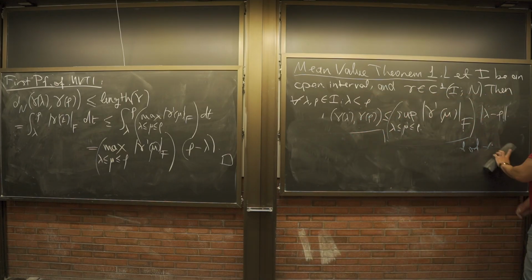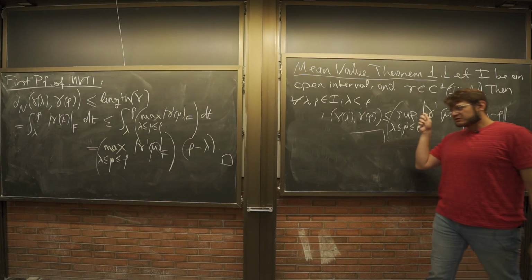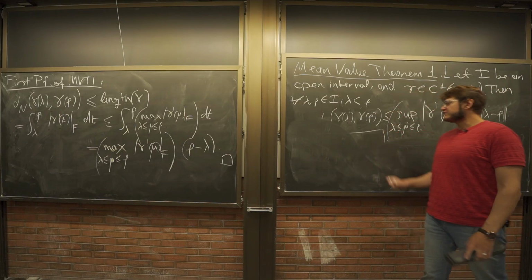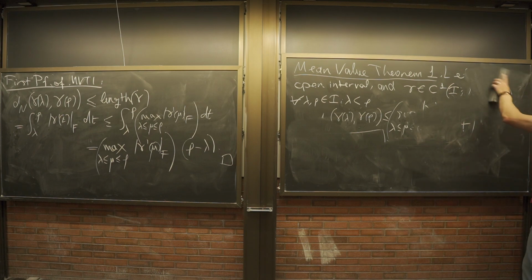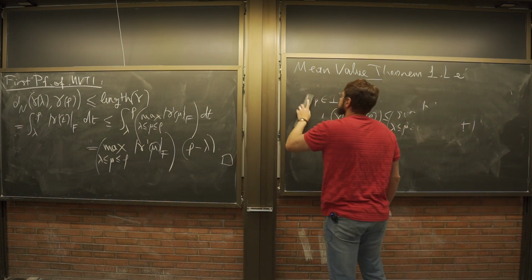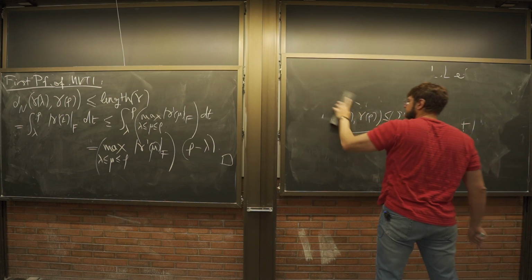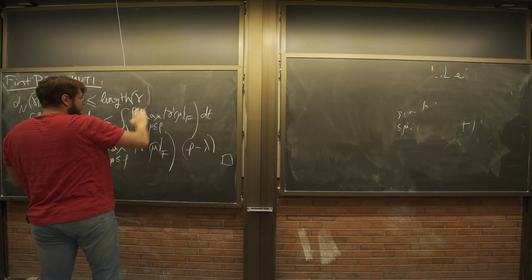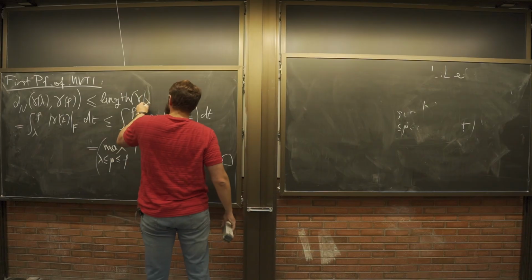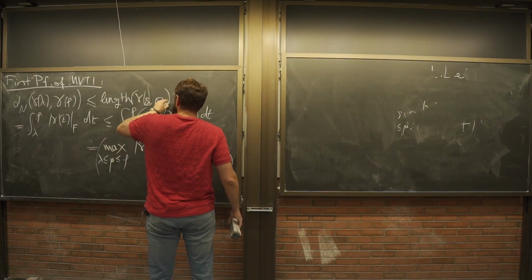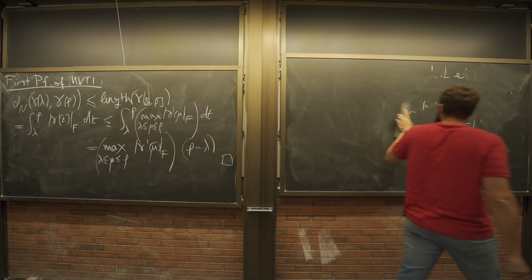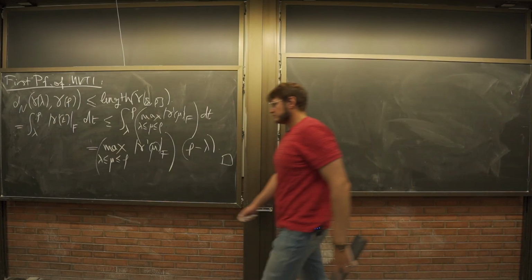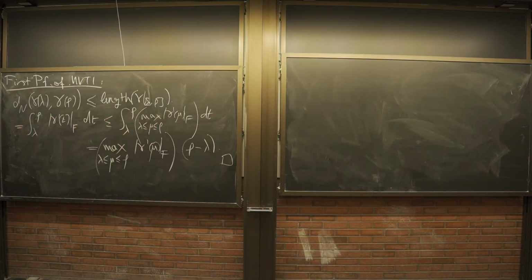And I'm going to tell you exactly where you can stop the proof I'm going to write and transform it into a proof of this exercise. And by length of gamma, of course, I mean the length of gamma restricted to lambda rho. Okay.